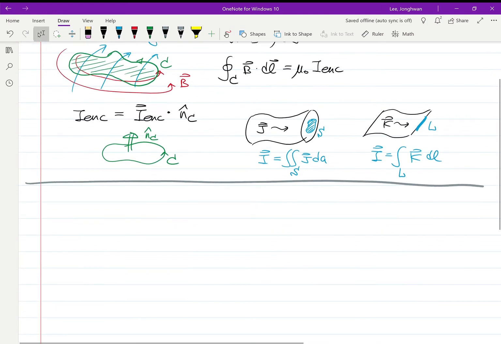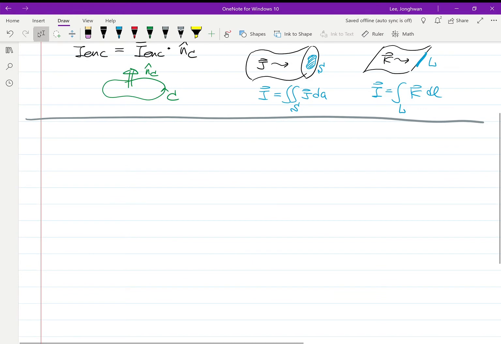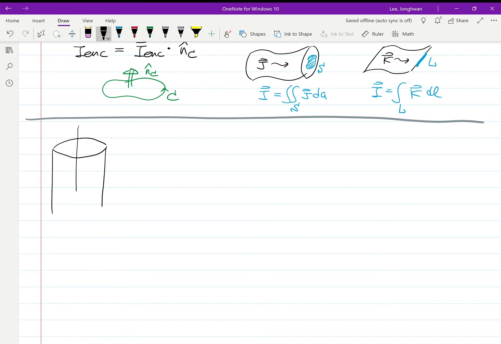So let's solve an example question. Suppose we have an infinitely long cylinder with a radius r. Here is the z-axis, and we will use the cylindrical coordinate system (s, phi, z). The radius is r. And let's say we have magnetization M, so this cylinder is already magnetized.